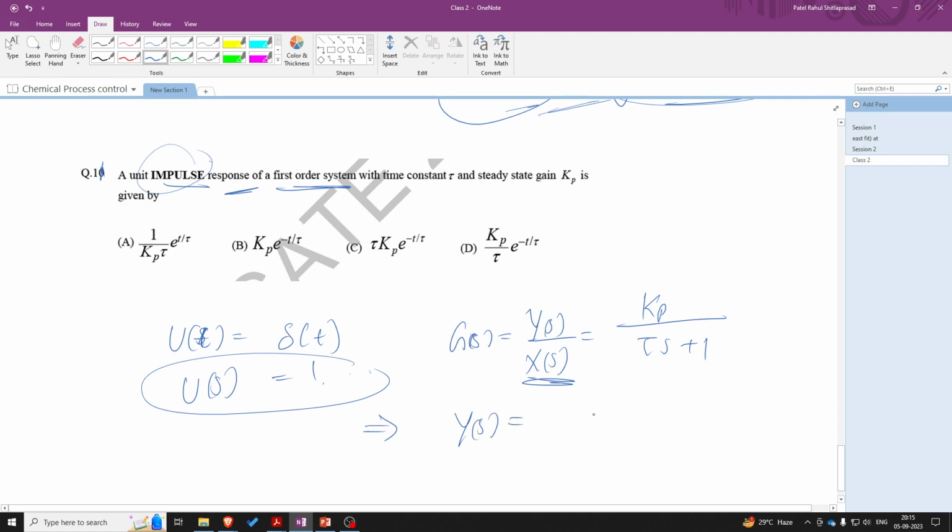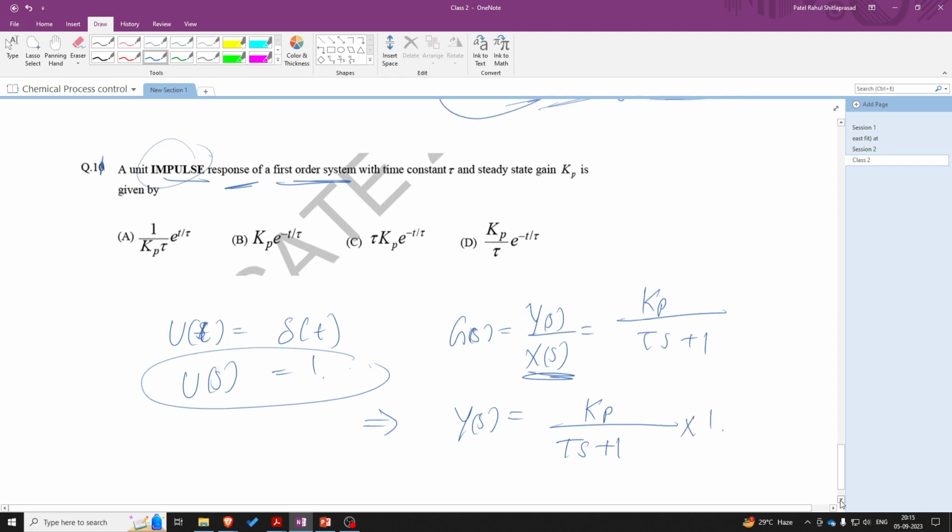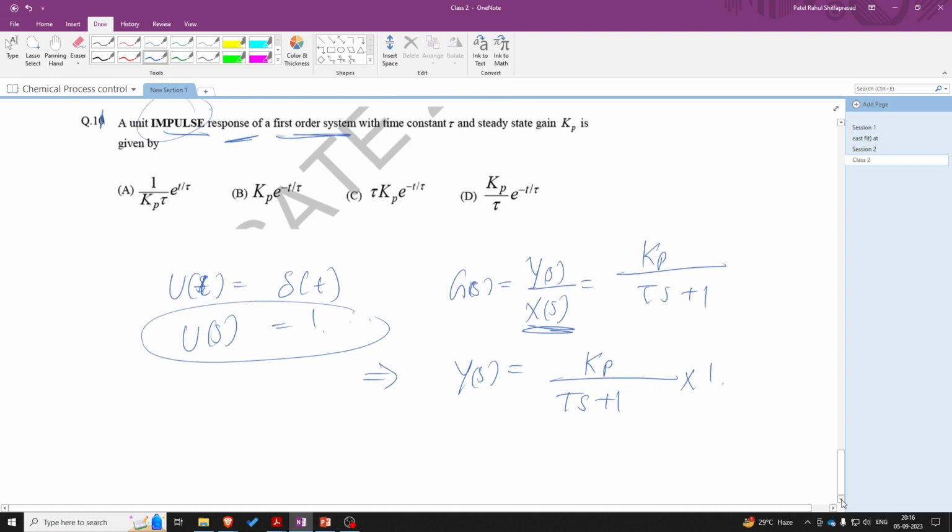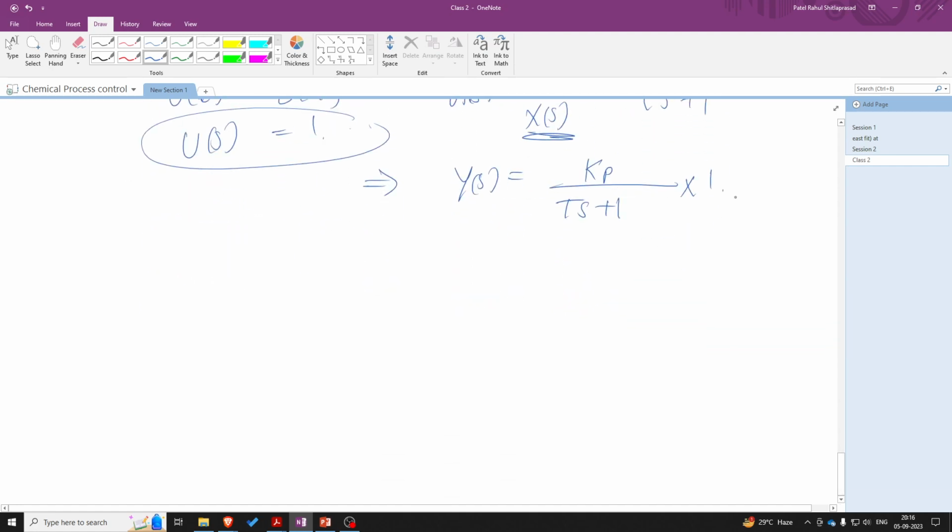Corresponding to that, we can write the output as Kp upon tau s plus 1 into 1. Now to find the response in time domain, we need to take the inverse Laplace of this. That is, y of t is equal to Laplace inverse of y of s, which is Laplace inverse of Kp upon tau s plus 1.